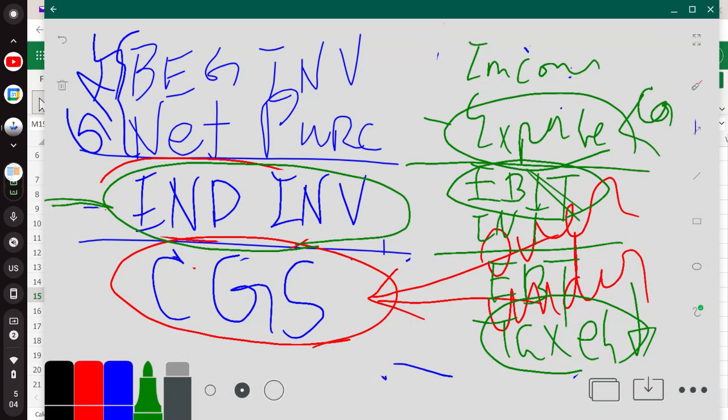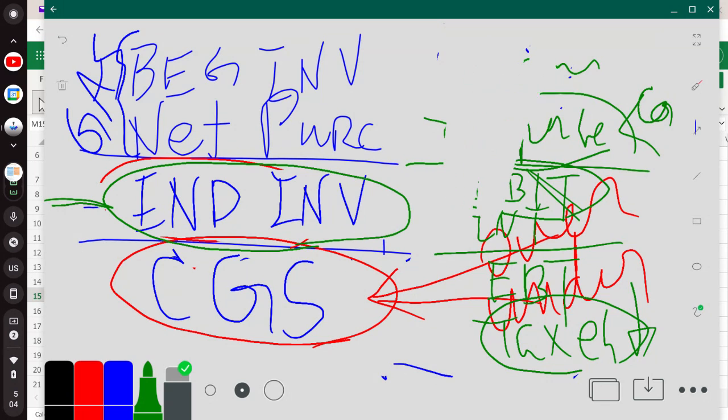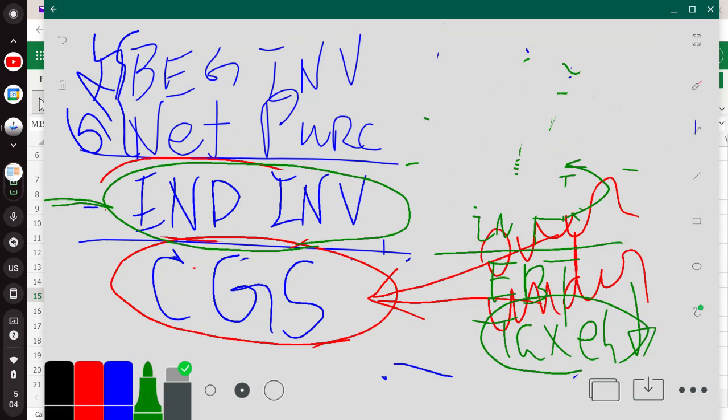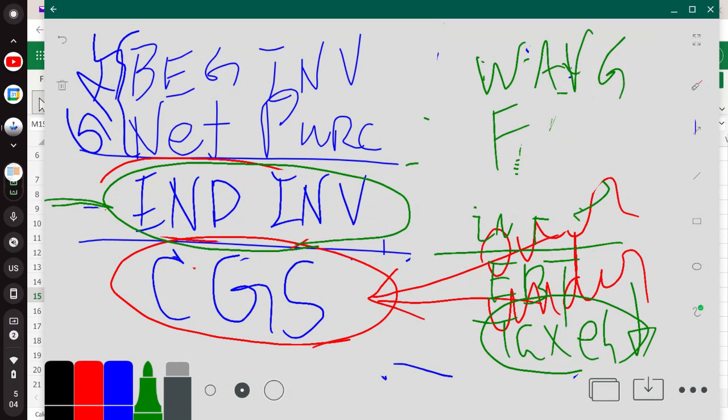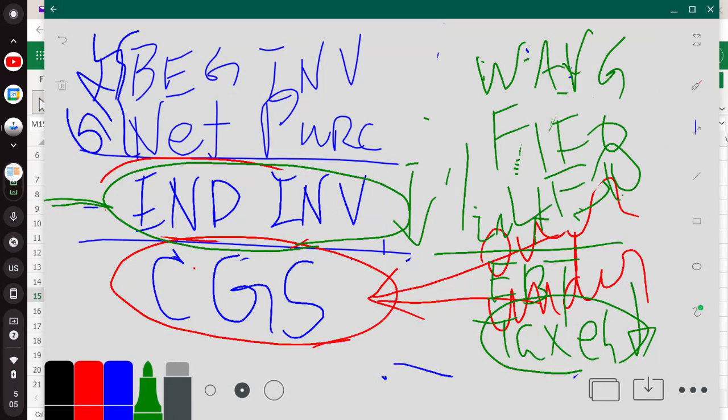And the ending inventory, I told you, depending on whether they use weighted average method or FIFO or LIFO, this ending inventory can go down or go up.